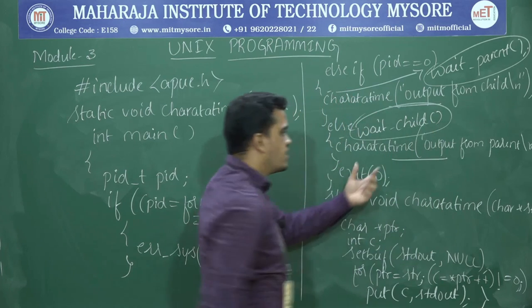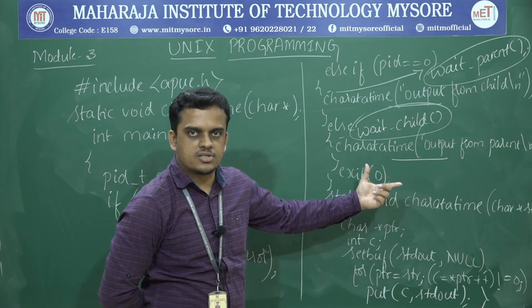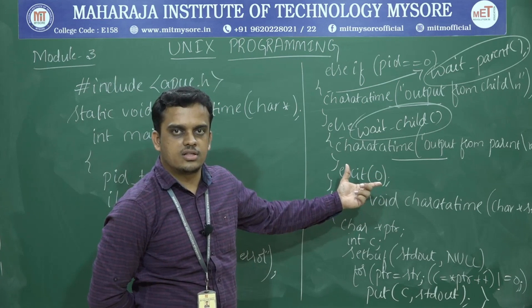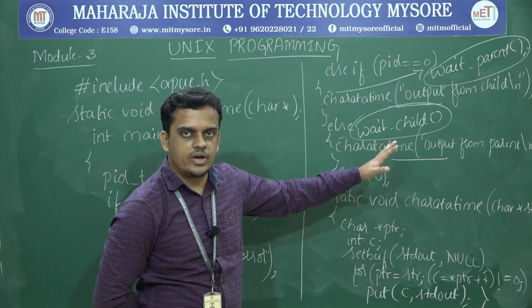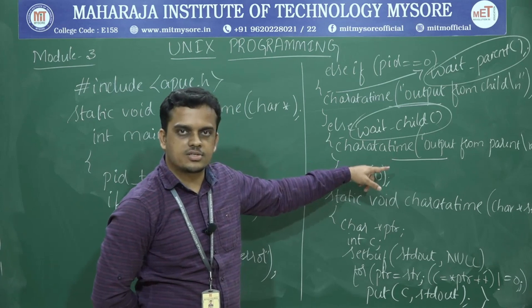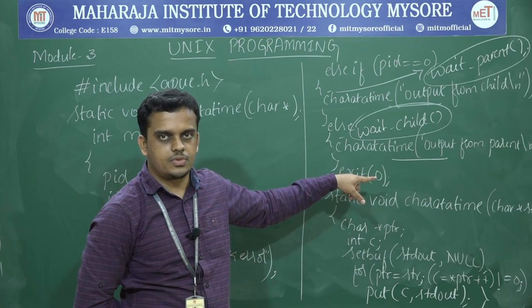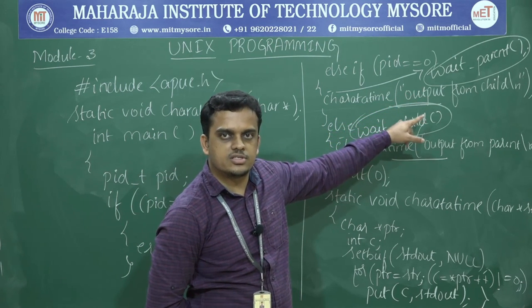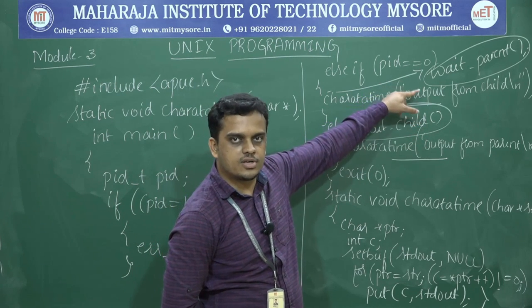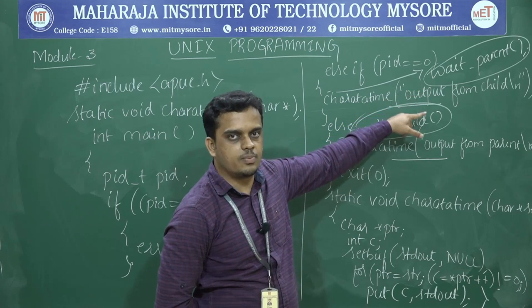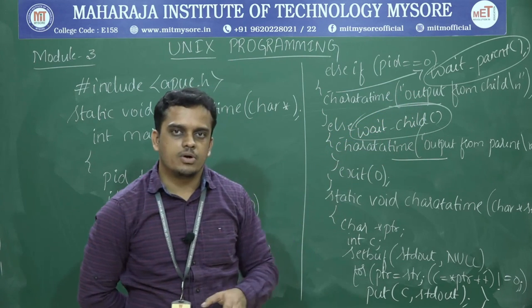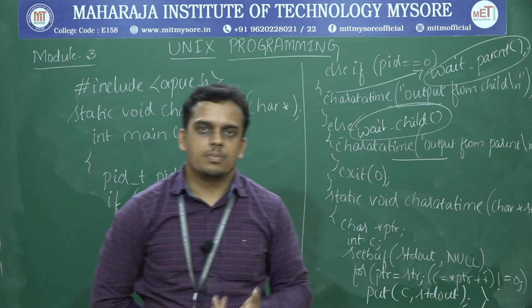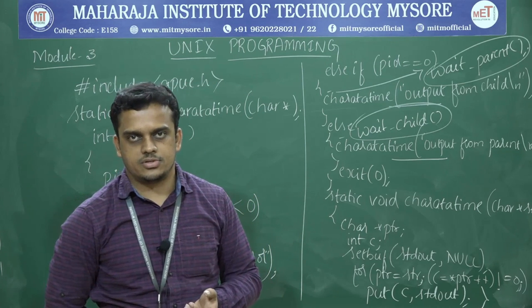If the currently running process is a parent process, what I insist on is, let the child process wait until the parent process completes its task. Likewise, if the currently running process is a child process, let the parent process wait until its child process completes. That is how we achieve synchronization between the parent process and child process.